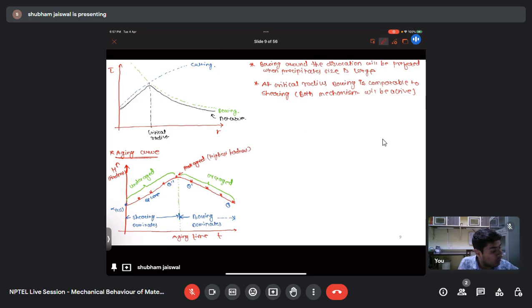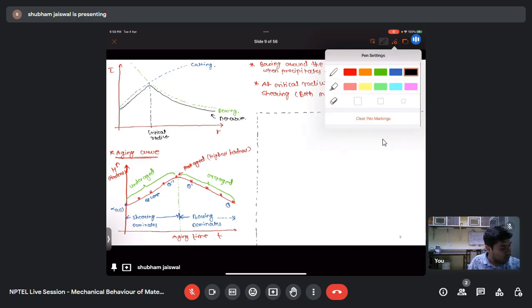Now if we see the effect of temperature on the aging curve, let me make a partition here. Let me draw the schematic first.